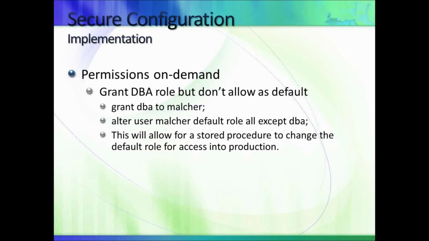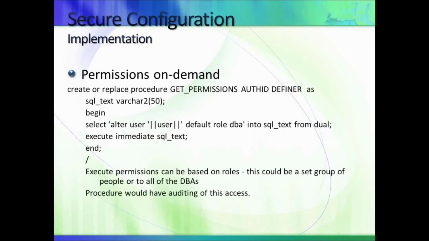Then when you want to change a parameter or look into doing a migration, you can grab that information or change it on the fly, where you're only really granting this permission to execute the stored procedure to that user, so you can change your default role to DBA.